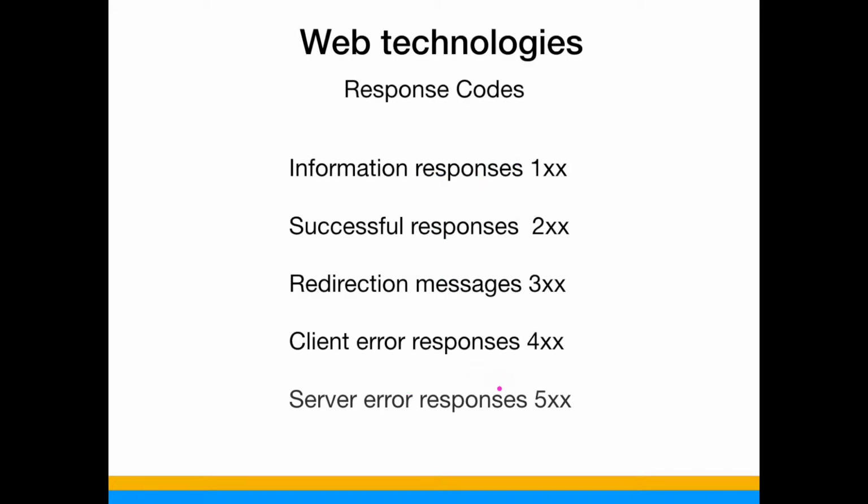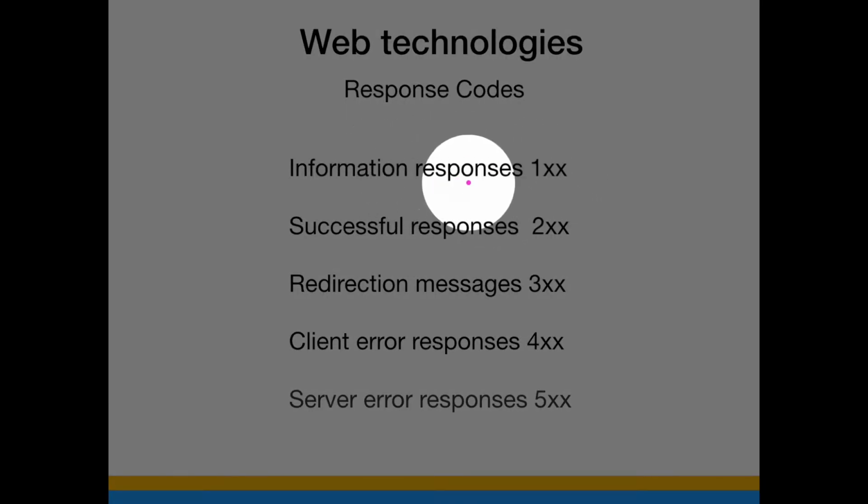I'm sure that you have seen 404 not found or 500 server error. Well, those all map to this table here. So you have information responses, anyone that starts with a 1, so for example status 100, or successful responses like 200, which means okay. Essentially every time that you access a page, the server responds okay, and then serves the data.